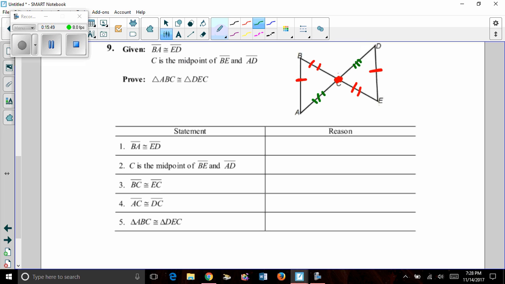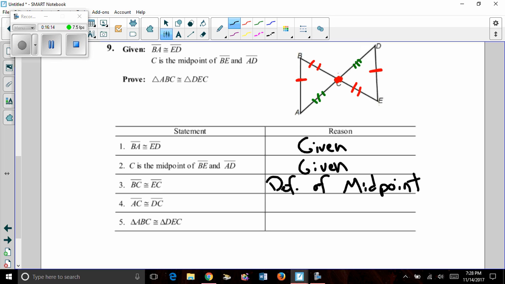We can fill that in with some information. We have our given and our given. BC is congruent to EC by definition of midpoint. I could be wrong as I say that. This could be midpoint theorem.